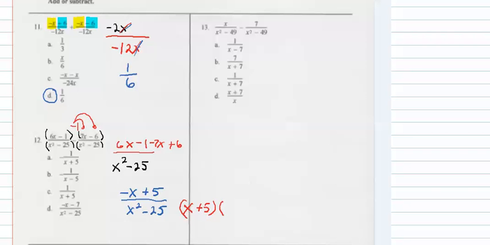And can I make this an x minus 5? Okay, at the top I still have my negative x plus 5, but I look and I see I don't have that. I think it's written like this. I can rewrite it like that. Do you see that these are opposites?